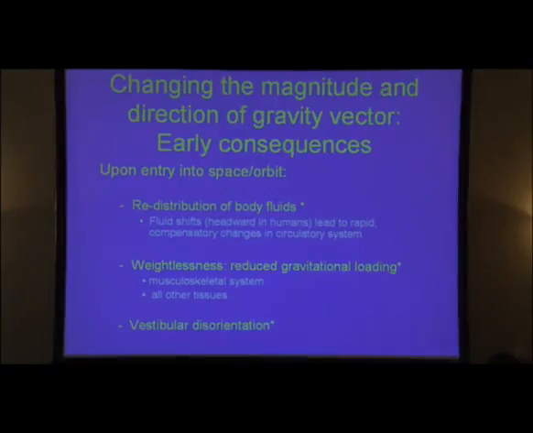From the 1G environment that we've all evolved in, we enter an environment in which we no longer experience mechanical loading in the native form. We think of that most often in terms of the musculoskeletal system, the atrophy that occurs with muscle, and the bone loss that occurs. But in fact, all cells may be affected to some extent, and more work is needed to define that. And finally, an immediate disorientation results from these changes.